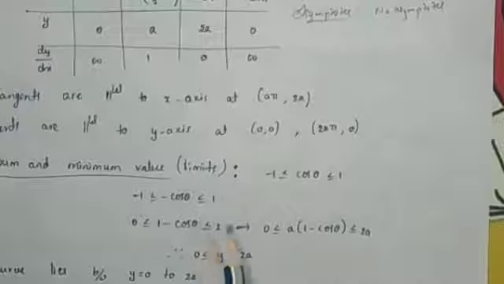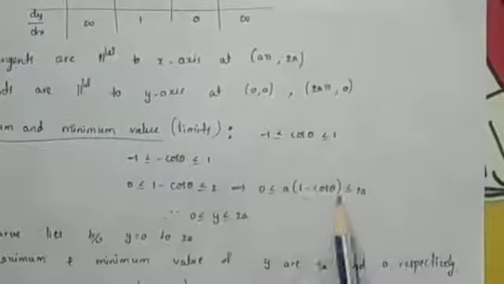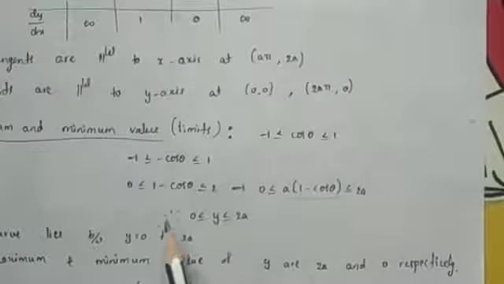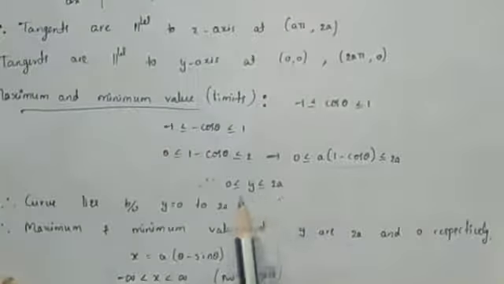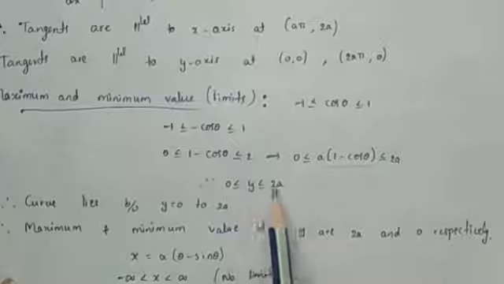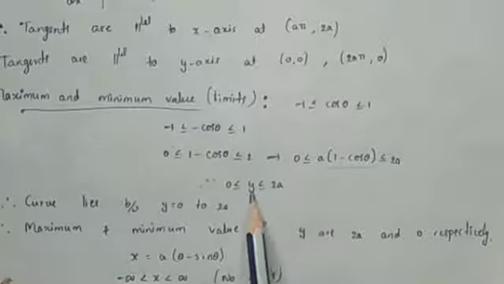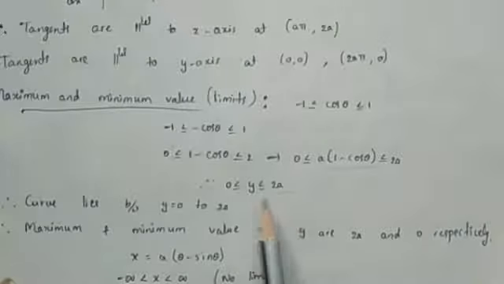Next we multiply throughout by a, and get 0 less than or equal to a into 1 minus cos theta less than or equal to 2a. A into 1 minus cos theta is y. Therefore 0 less than or equal to y less than or equal to 2a. The curve lies between y is equal to 0 and 2a. Therefore the maximum value of y is 2a and the minimum value is 0.